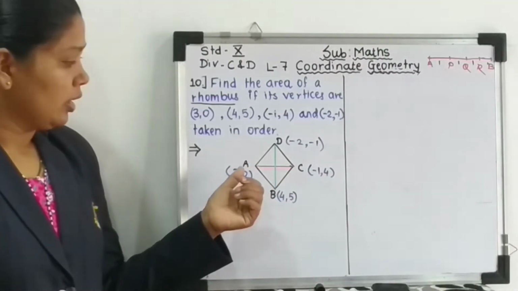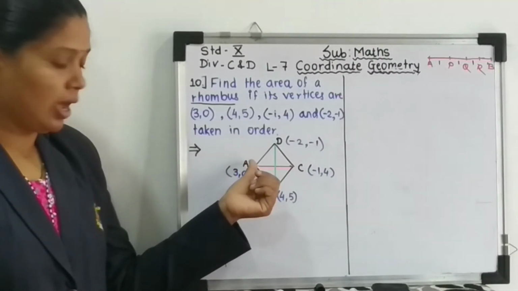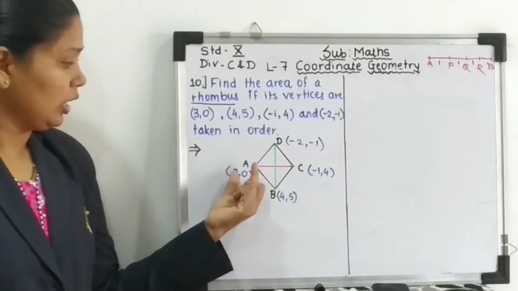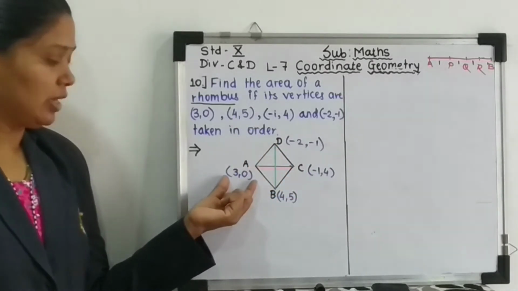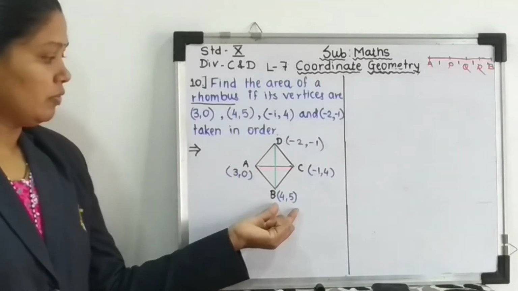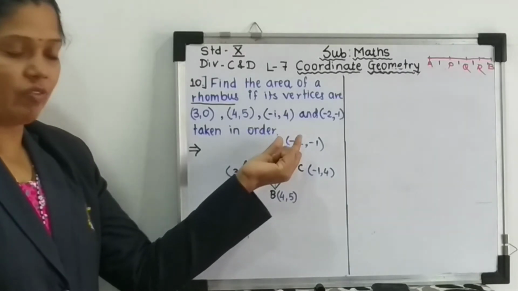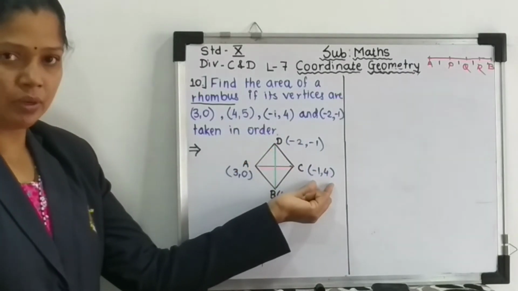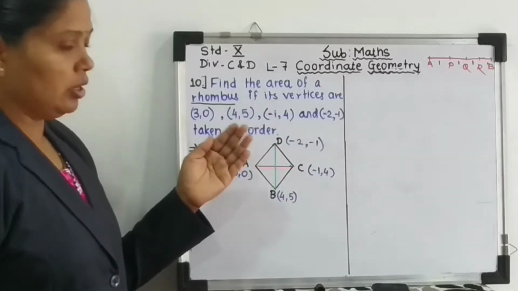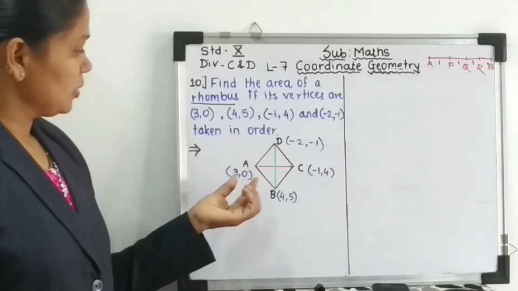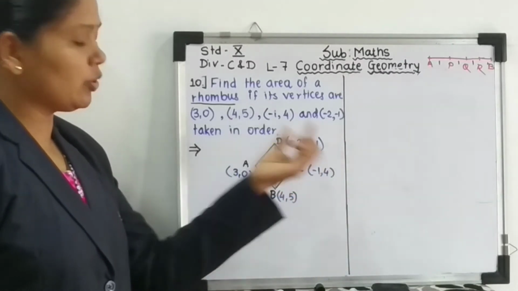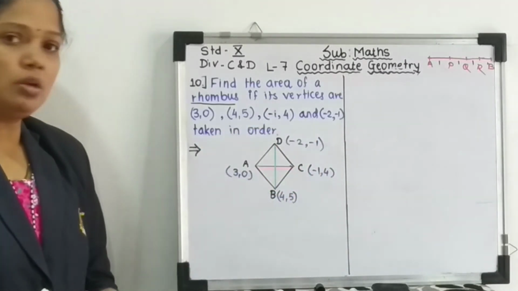So see, you have drawn the rhombus ABCD here. The A point we will take with coordinates (3, 0), B will be (4, 5). We are not going to take D as (4, 5) or C as (4, 5). So we will go in one track. Here A is (3, 0), B is (4, 5), C is (-1, 4) and D is (-2, -1).